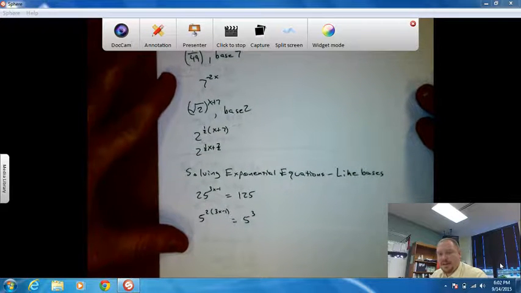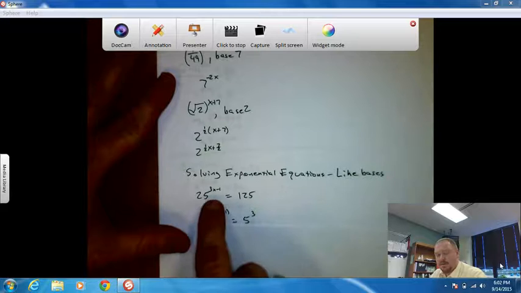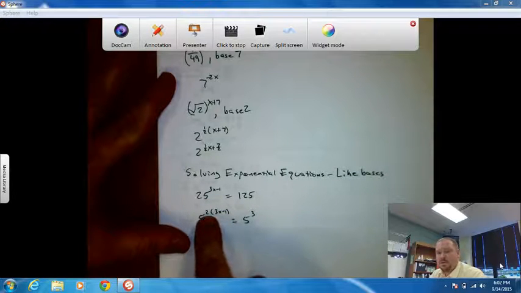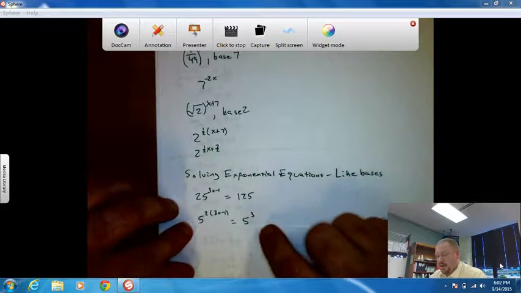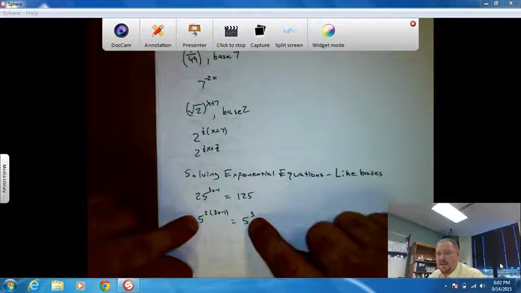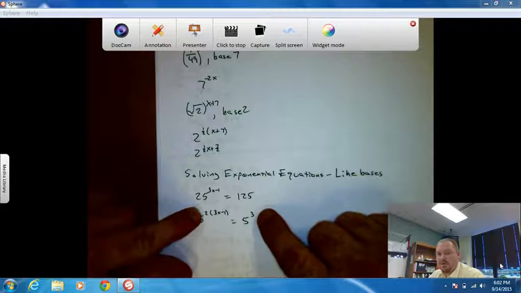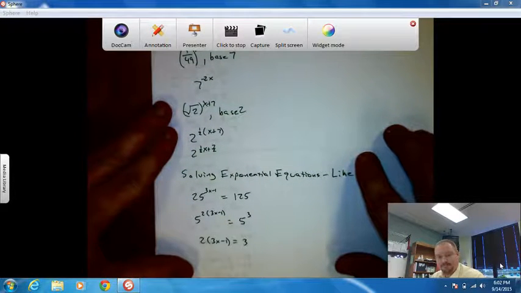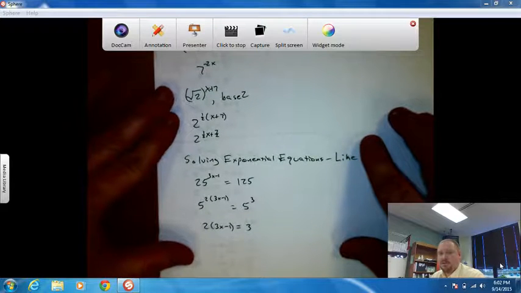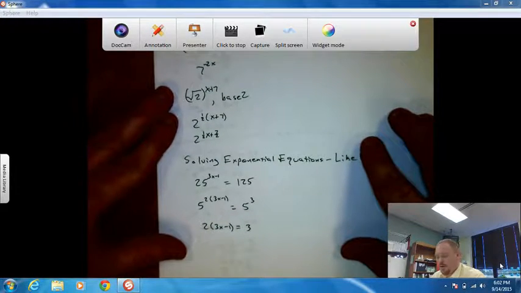When I did that, notice that the 3x minus 1 is still there, but the 2 is in front. Because they have like bases, if the bases are equal, the exponents must be equal too. So I can just drop the 5's. So I get 2 times 3x minus 1 equals 3, and it's a straightforward linear equation.